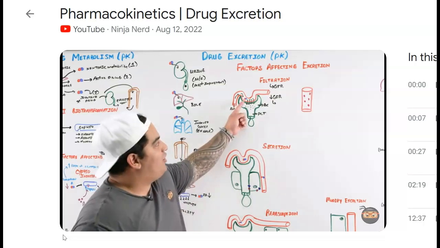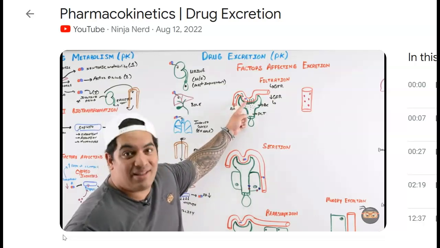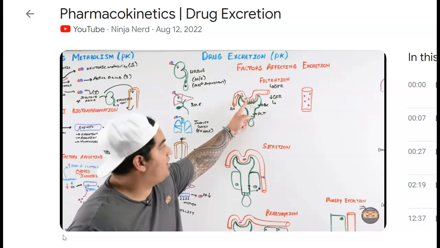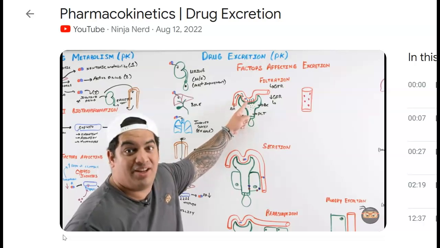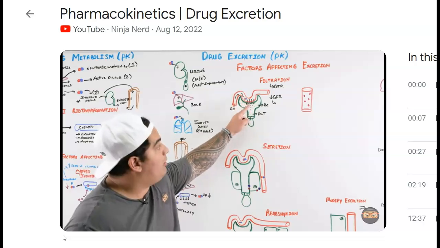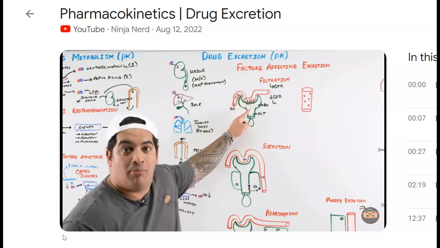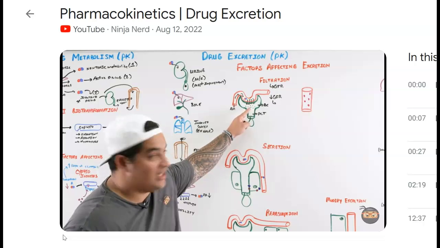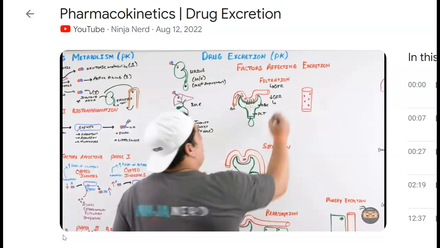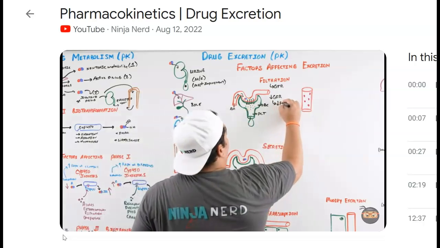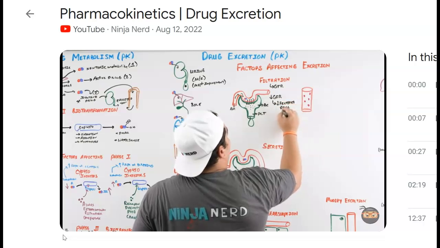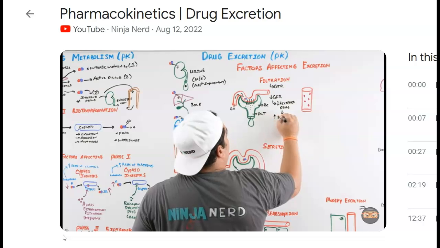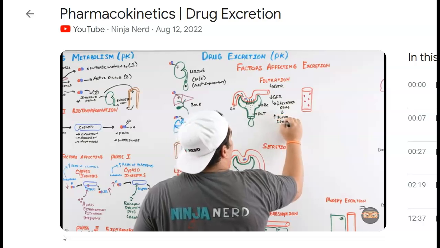Well, if there's a reduction in GFR, that means there's less volume of plasma moved out of the plasma into the Bowman's capsule. That means that potentially less drug is also going to be moved from the blood into the Bowman's capsule, into the tubular system. If that's the case, that means that we have less filtered drug and potentially higher blood drug concentration.